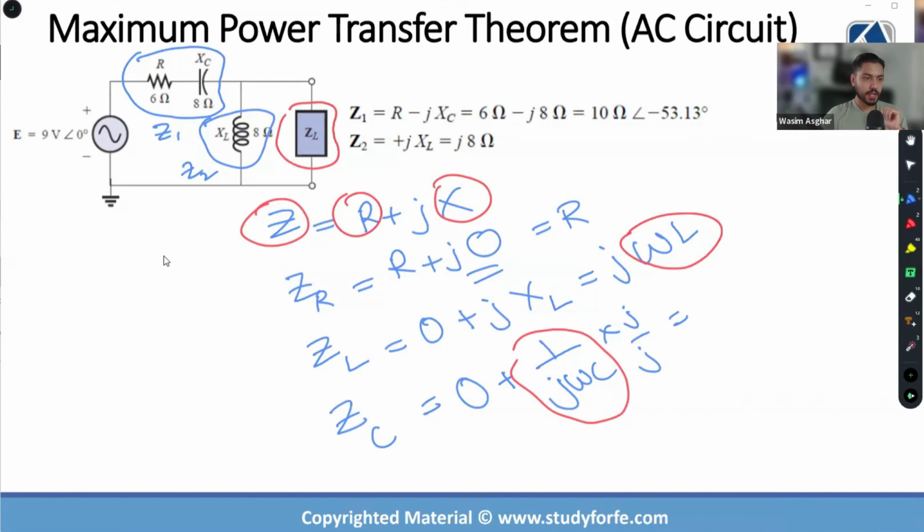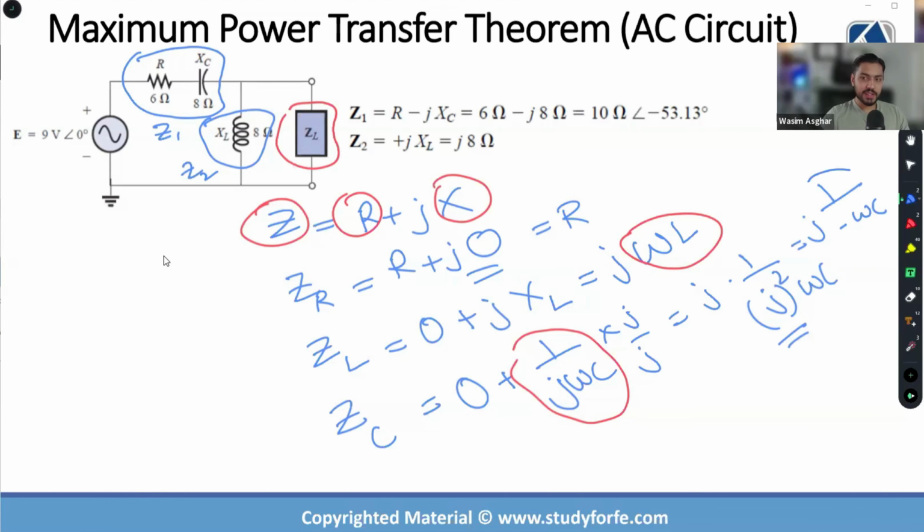What ends up happening is that I end up with j multiplied by 1 divided by j square omega C. Okay, and this basically becomes j times 1 divided by j square, which is minus 1, so minus omega C.